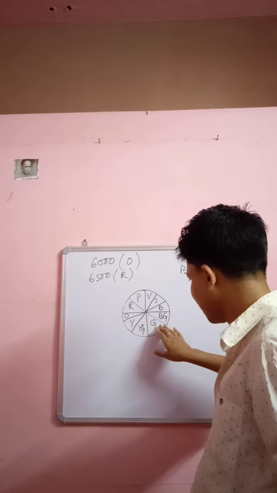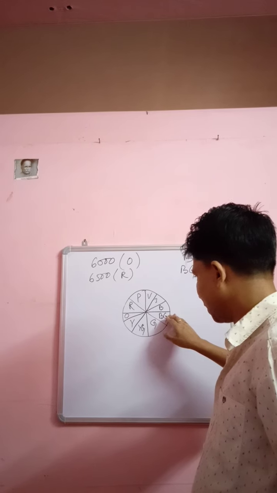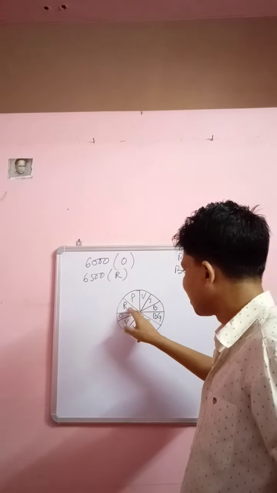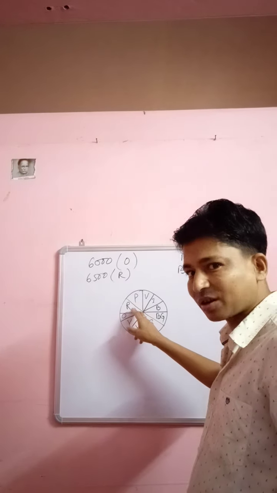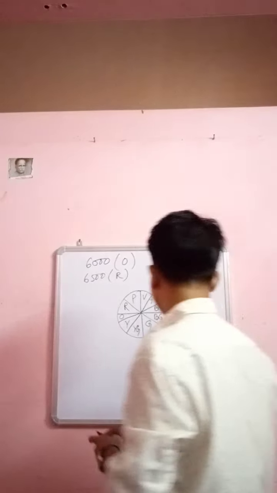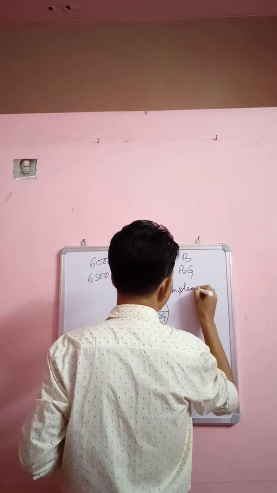Suppose this is green or bluish green, the complementary color will be red, and vice versa also you can say. If the absorbed color is red, the opposite color will be bluish green. So this is termed as complementary color wheel.